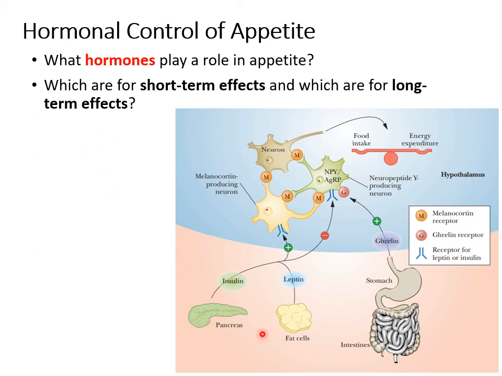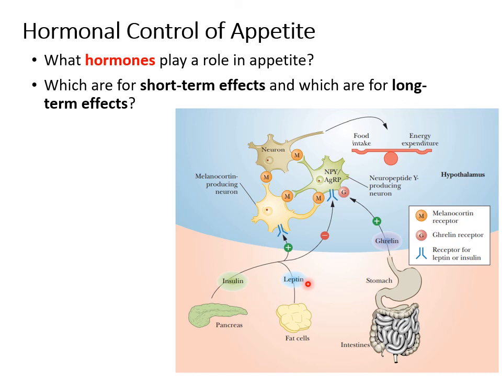Now, some of the ones that I just mentioned are on this figure right here, so you can see ghrelin, leptin, and insulin. The ones that we consider short-term effects are ghrelin and cholecystokinin, which I don't believe is on this particular figure. And then the long-term effects are controlled by leptin and insulin.